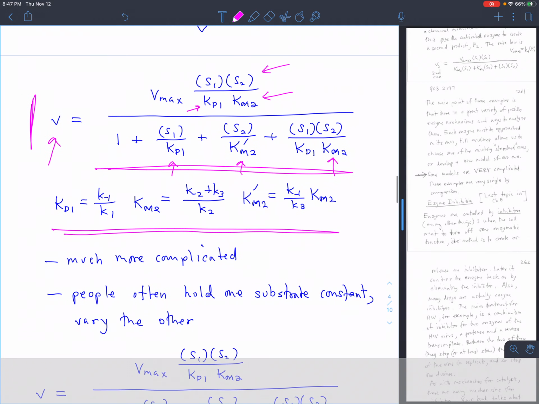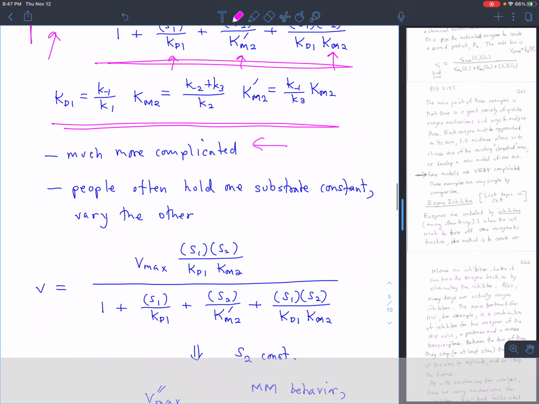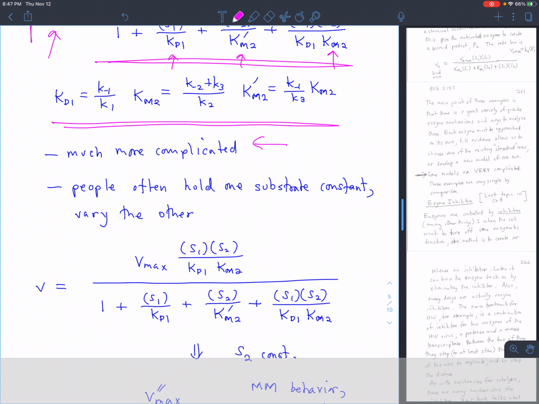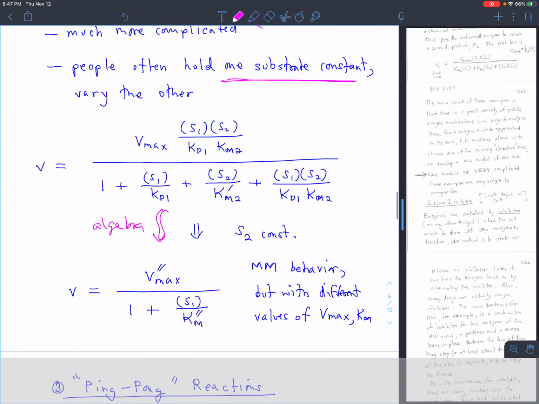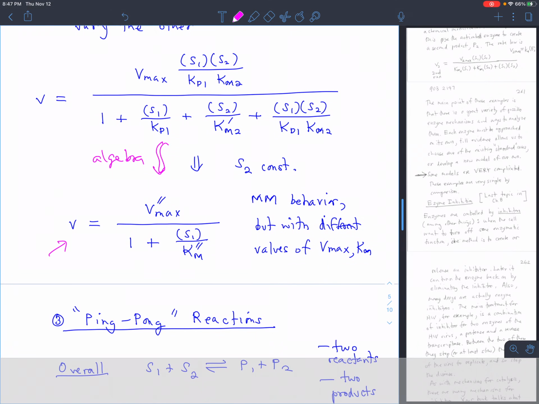Much more complicated, as I say here. However, if you hold one of the substrate concentrations constant, and then do some algebra, then you can show that the rate law behaves like Michaelis-Menten, and if you were to plot it, you'd get a Michaelis-Menten-like curve.